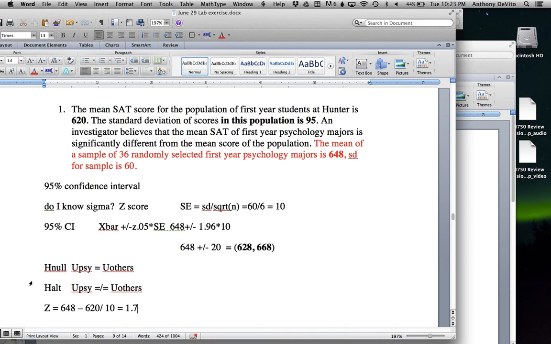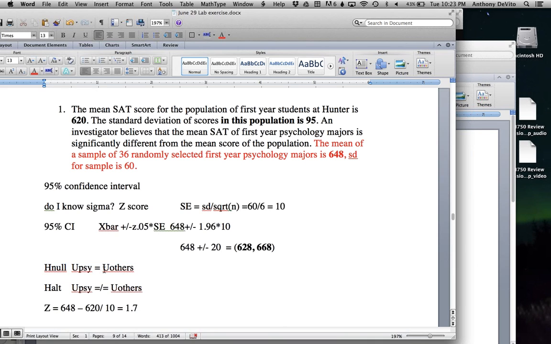I'm going to ask you one more thing. Okay, I can't reject my null hypothesis. Can I say I accept my null hypothesis? No, you can't, because you didn't prove anything. All you can say is, I fail to reject my null hypothesis. You didn't prove that the mean for psych majors is equal to the mean for others.